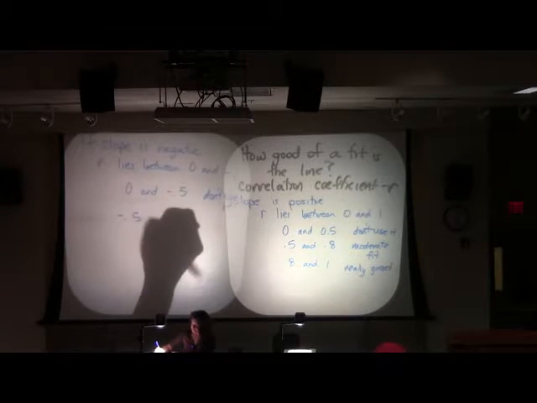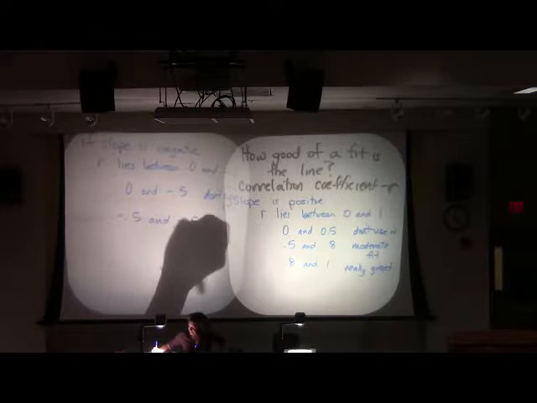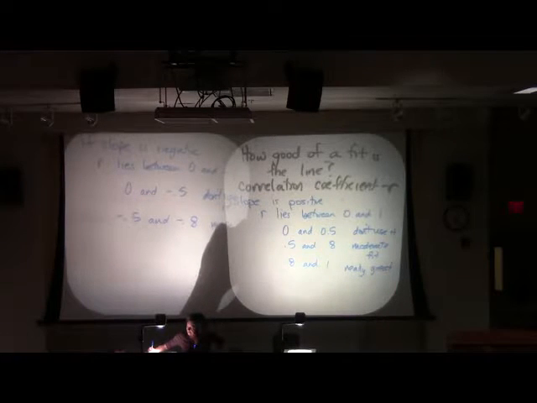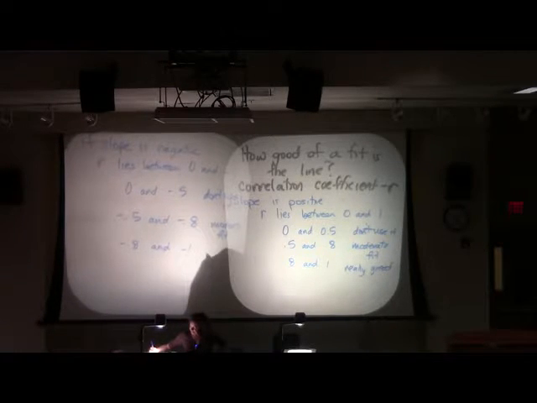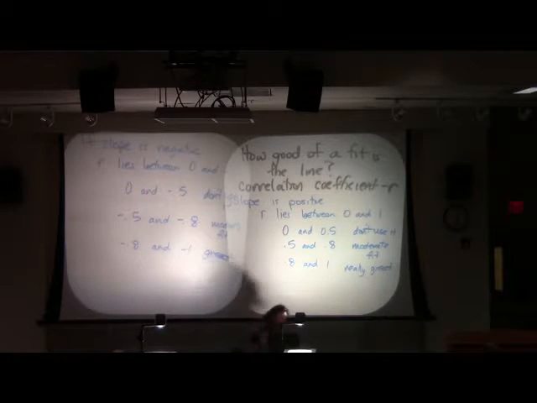If R is between negative 0.5 and negative 0.8, again, that's viewed as a moderate fit. And if it's between negative 0.8 and negative 1, it's really great and terrific. Okay? Any questions this far?